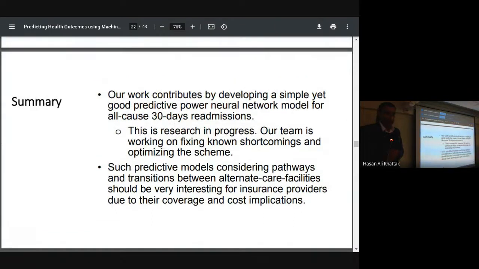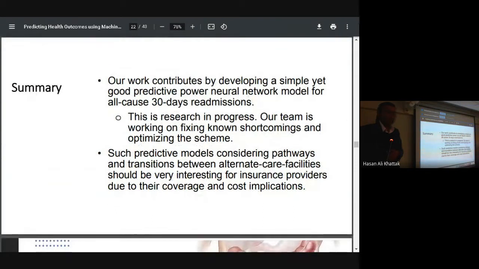So this was the first case, and you see that if we could predict hospital readmission, we could definitely save a lot of money, which I showed the number of at the beginning, and that money we can utilize for other purposes.